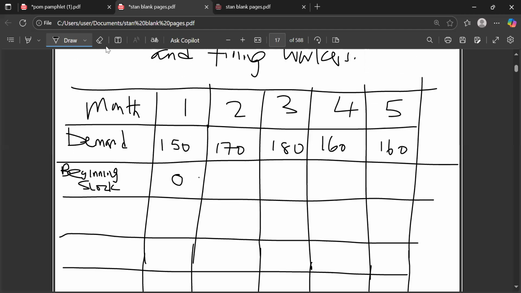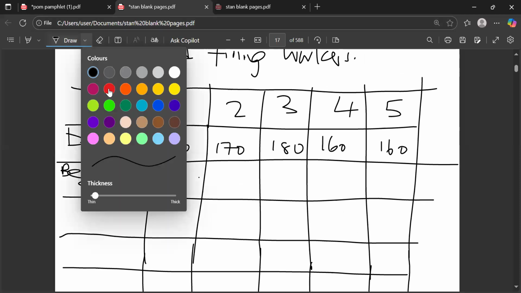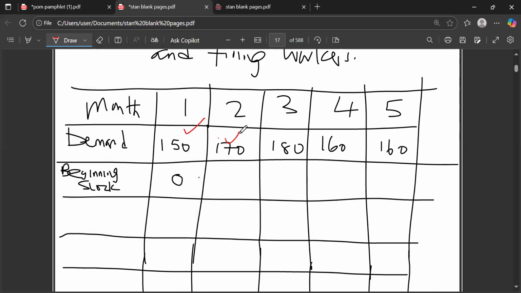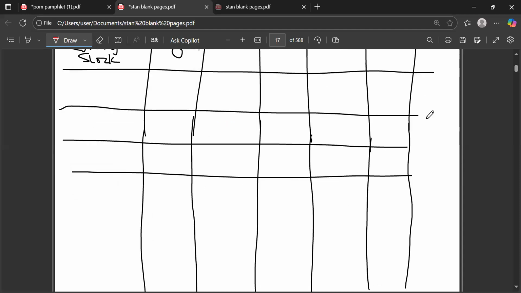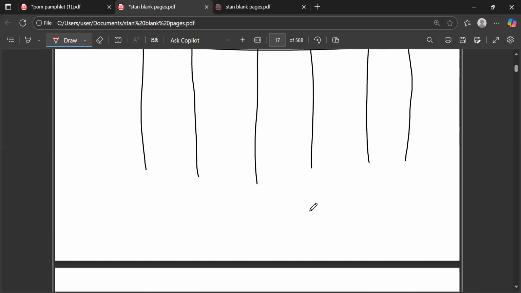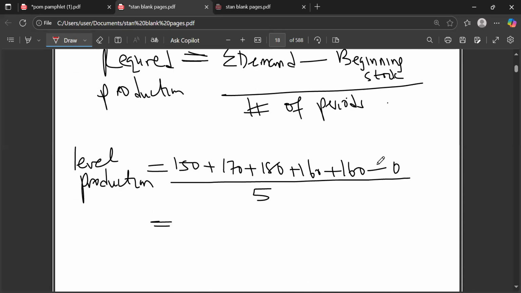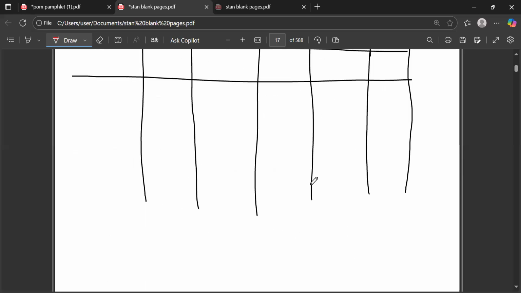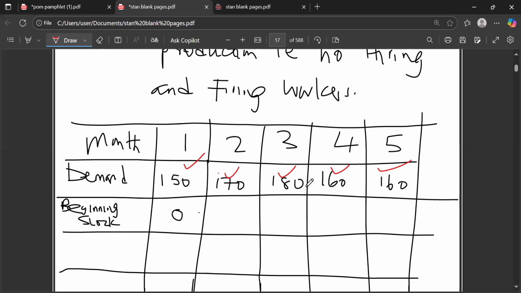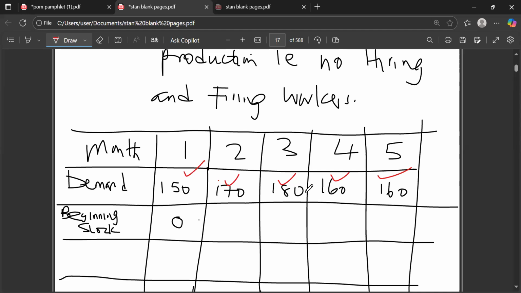We are producing on the level ground now. So producing these on level basis, okay? So we are adding all the demand minus what is already there, because you can't produce what has already been there. So the beginning stock is 0, okay? So produce minus what is already there.